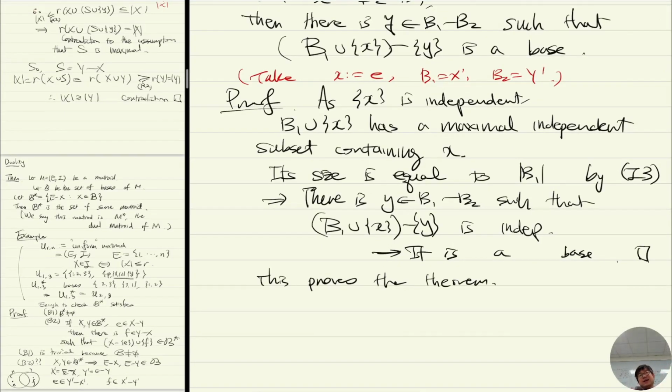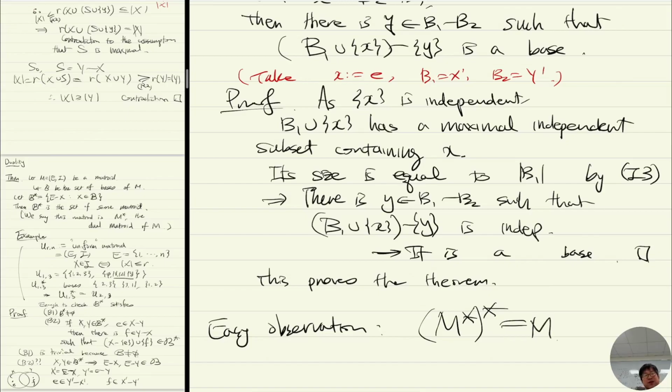Okay, so by taking the complement of the bases, we get the new matroid, and that's the dual matroid. Then, an easy observation: if you have a matroid, take its dual, and then take the dual again, then it's just the original matroid.